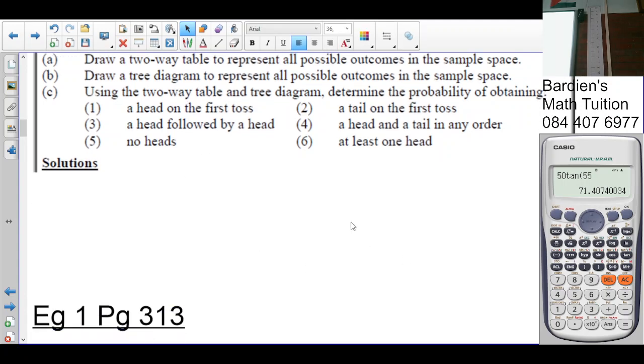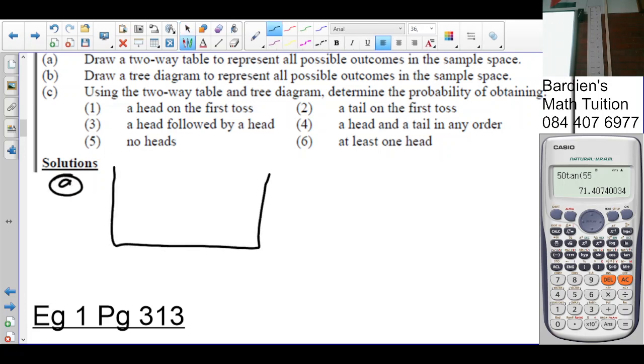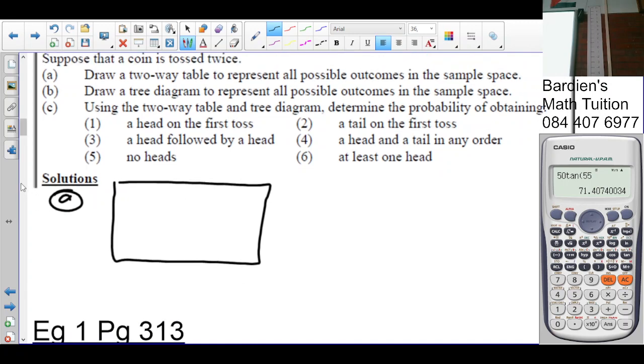So if you're looking at a two-way table, what are my outcomes? Well, what is the event of tossing a coin twice?